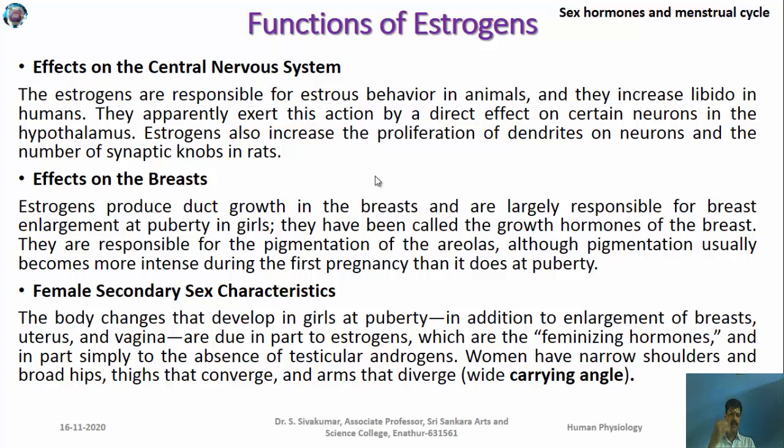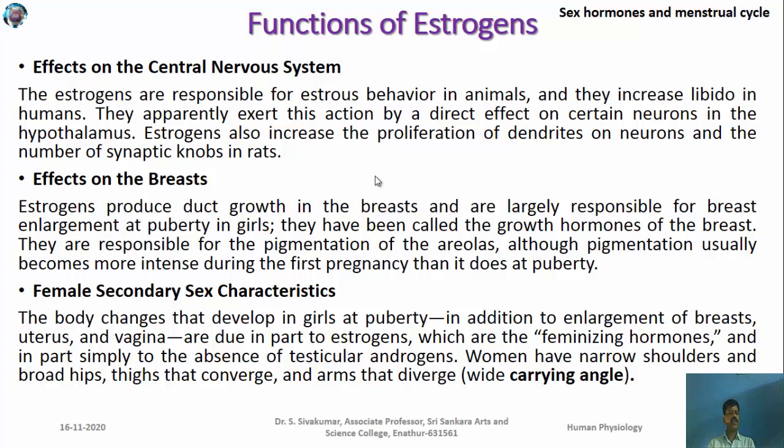Similarly, the secondary sexual characteristics, enlargement of breast, uterus and vagina, are all because of this estrogen. This is why this hormone is called a feminizing hormone. So this is the role of estrogen.